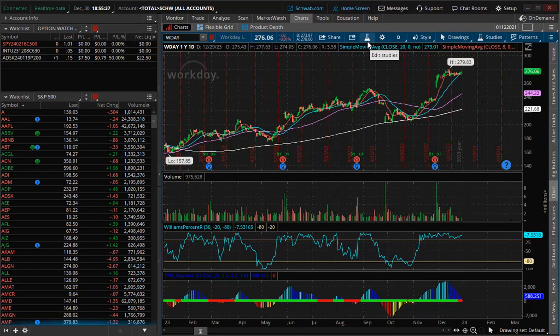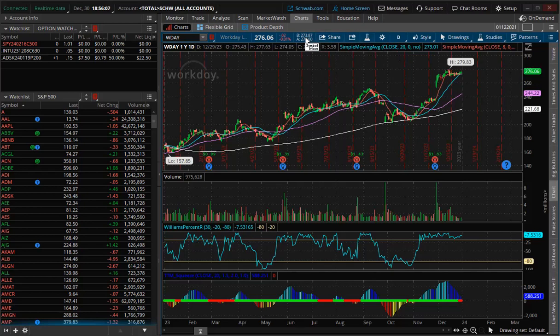This is a flask, and it gives you a list of hundreds of indicators like Williams percent R, TTM squeeze, and one that we're going to be working with, the Bollinger Band, which is very interesting and accurate as well.